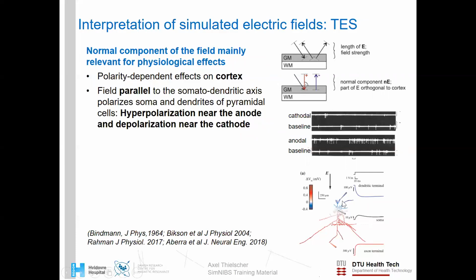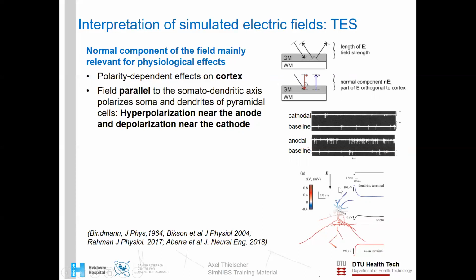At the same time, the dendritic tree would be hyperpolarized a little bit, or vice versa. When we shift the electric field around, the opposite would happen. Then the soma would be slightly hyperpolarized, while the dendritic trees would be slightly depolarized.